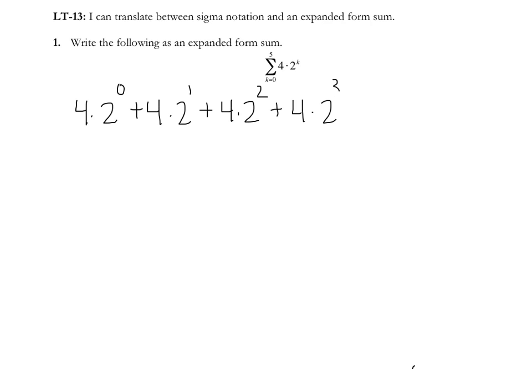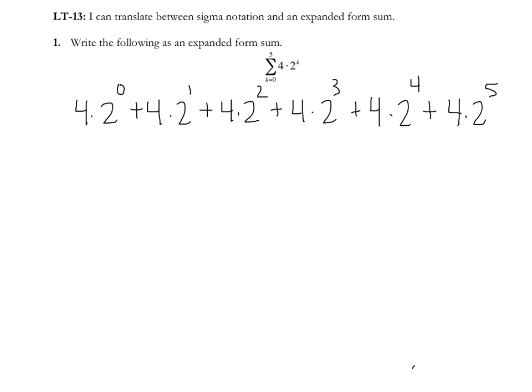So 4 times 2 to the 3. Again, all I'm doing is plugging in k values from 0 up to 5 for k in our inside function formula. Our next k value is 4, so our next term is 4 times 2 to the 4th. And when we plug in k equals 5, we get 4 times 2 to the 5th.